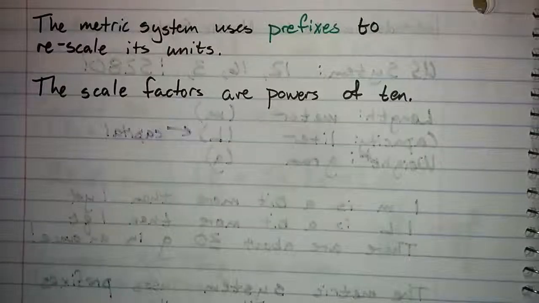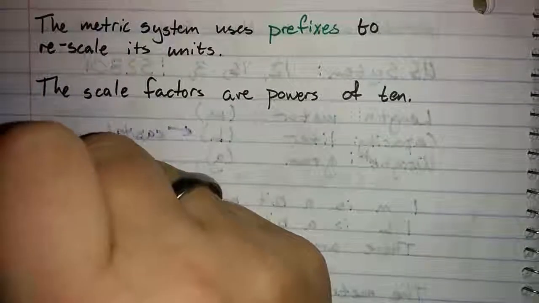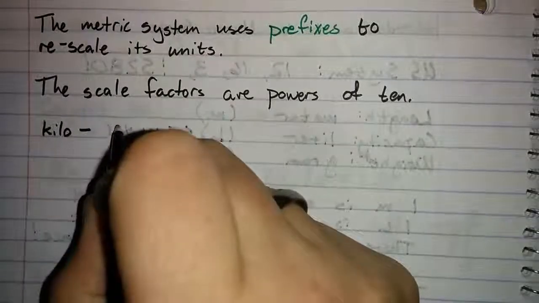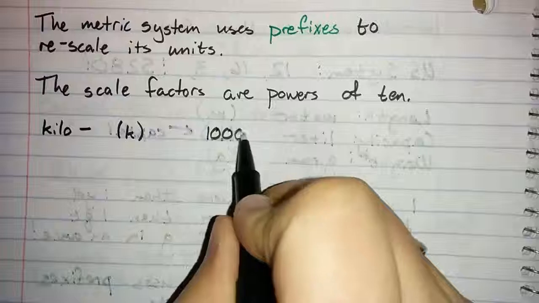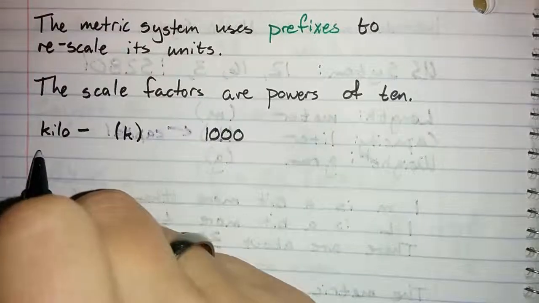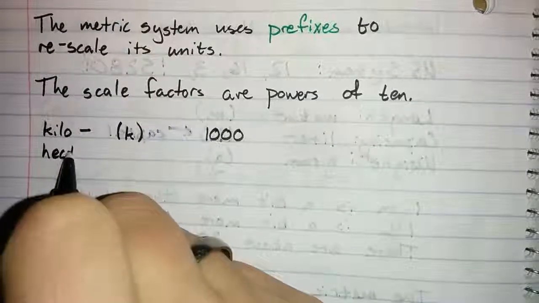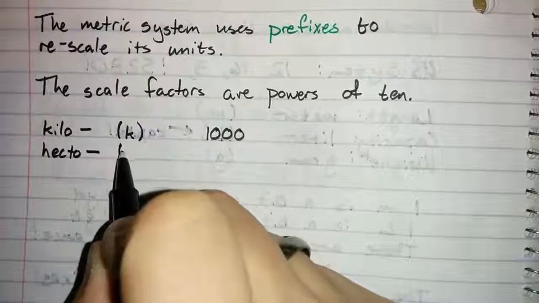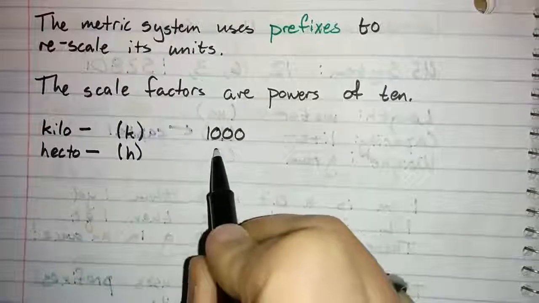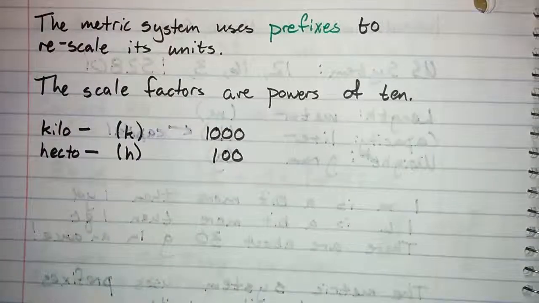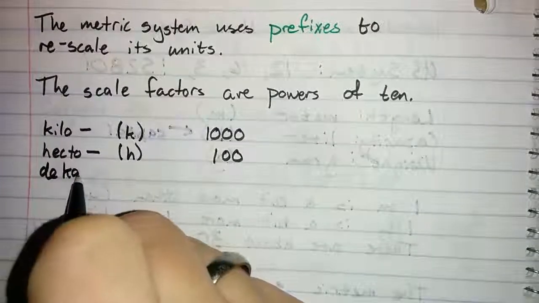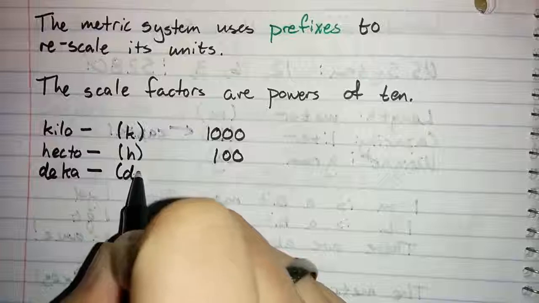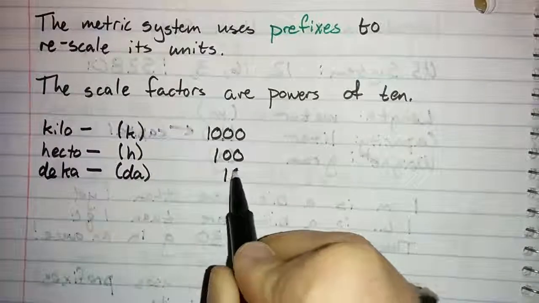The 6 we're going to be concerned with are kilo, abbreviated K, which means 1,000. Hecto, abbreviated H, which means 100. Deca, abbreviated DA, which means 10.